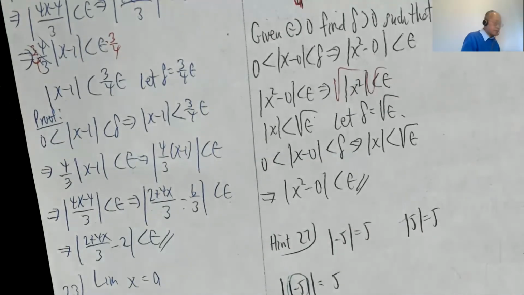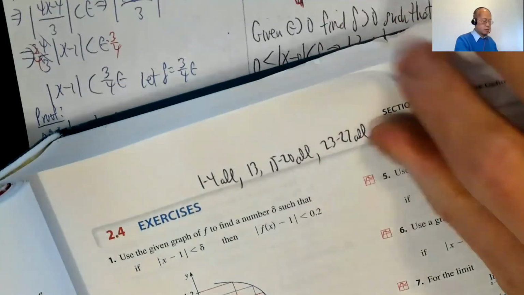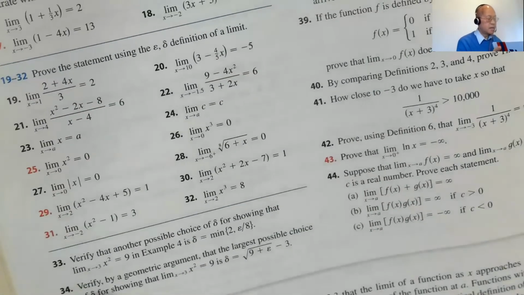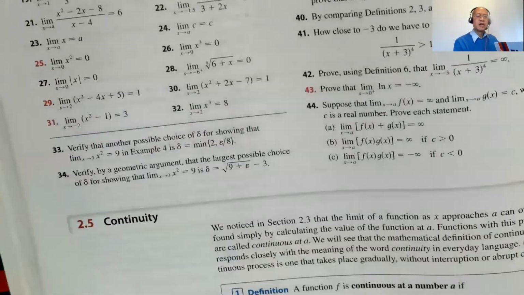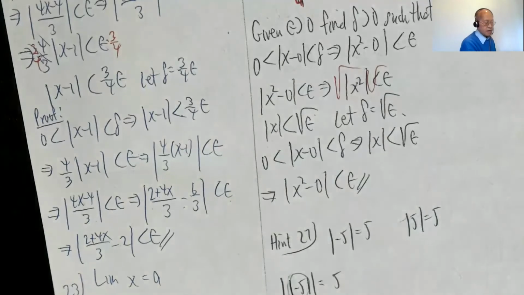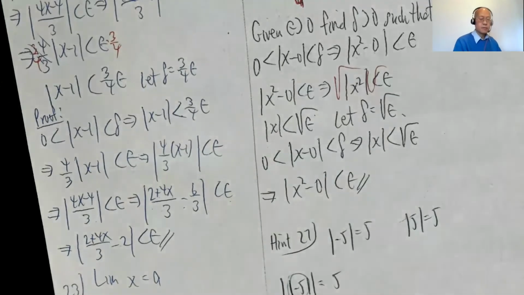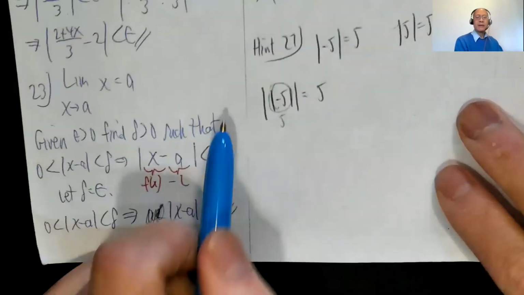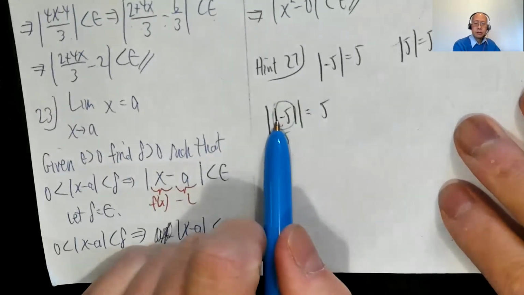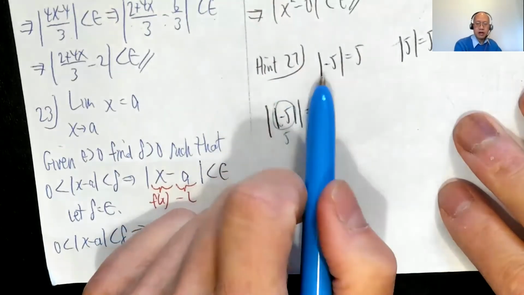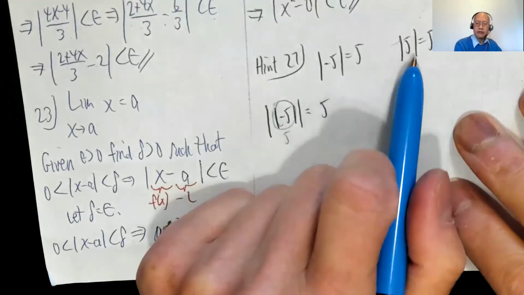Okay, that's pretty much about it. The last one I wanted to show you was 27, as a hint. They're trying to say, 27, limit as x approaches 0 of the absolute value of x equals 0. Okay, so if you do it the right way, you have an absolute value inside an absolute value. Okay, so we know the absolute value of -5 is 5, the absolute value of 5 is 5.